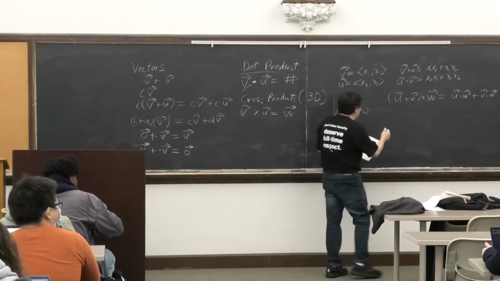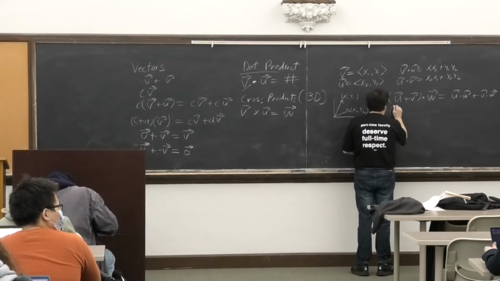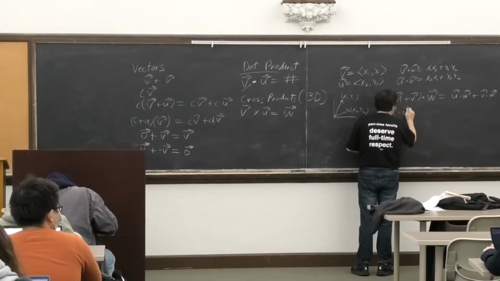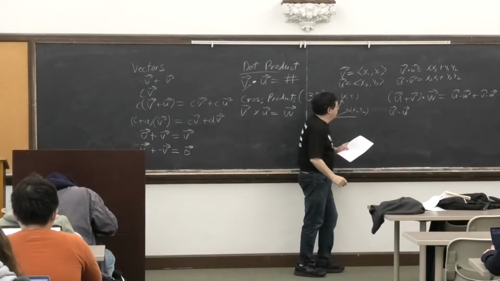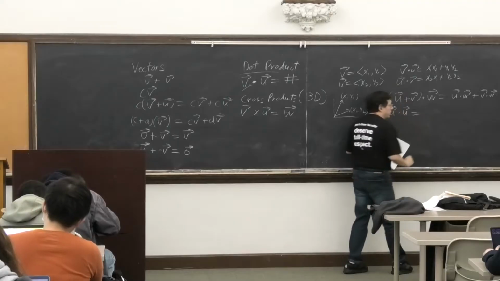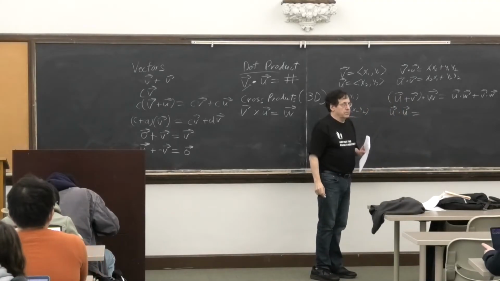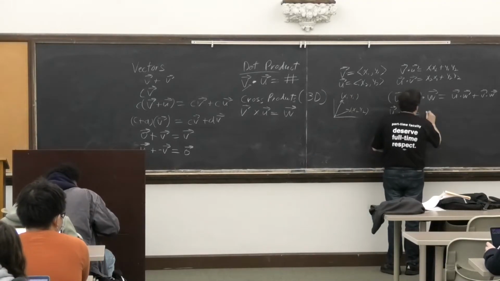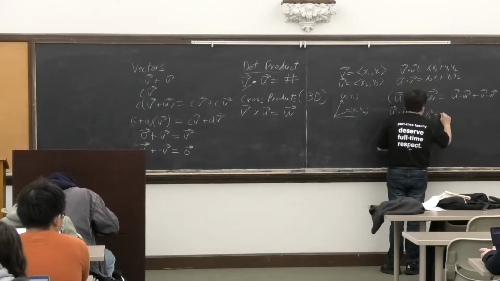If you take a look at u dot u, in other words, any vector dotted with itself, that's going to be x1 squared plus y1 squared.